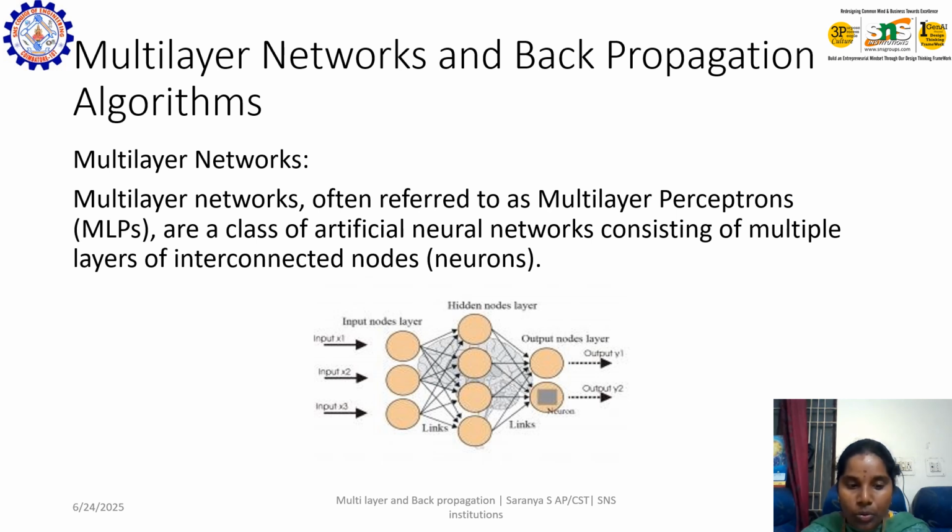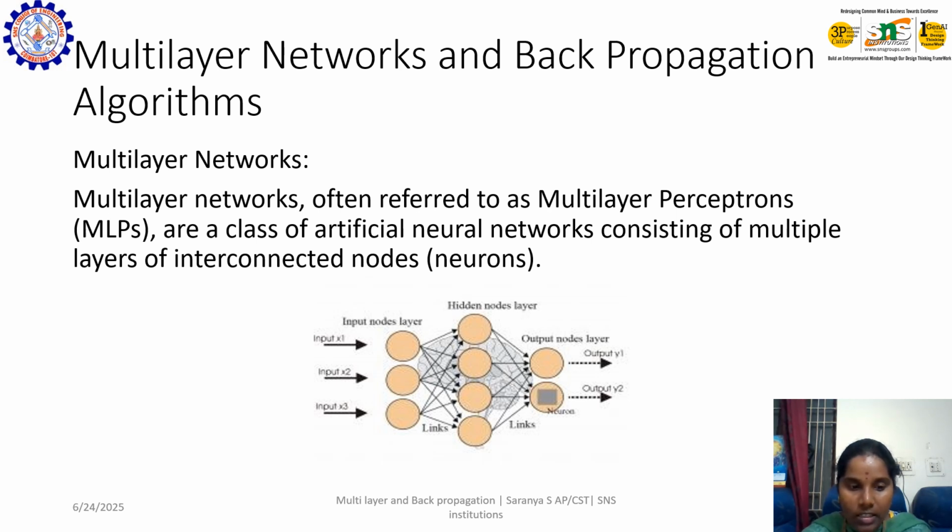These are used to model complex and nonlinear relationships in data for tasks like classification and regression and more. It consists of an input layer, one or more hidden layers and an output layer.